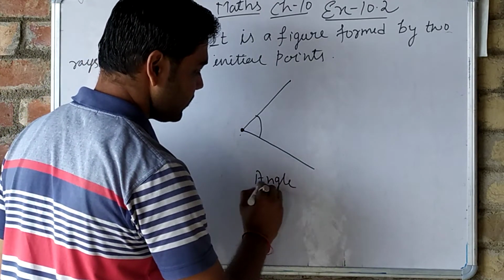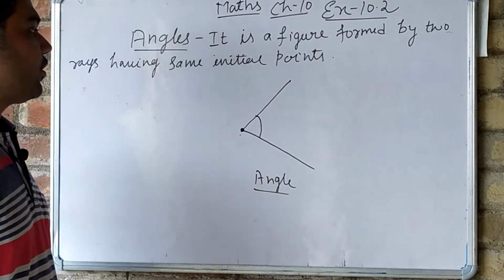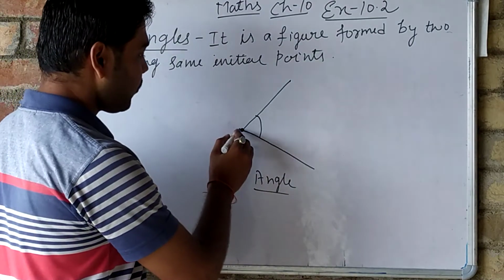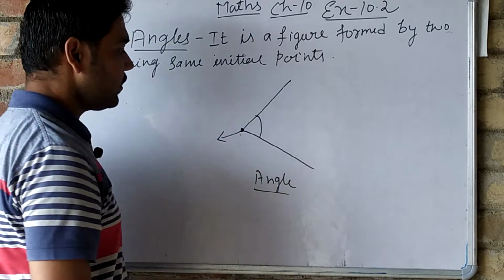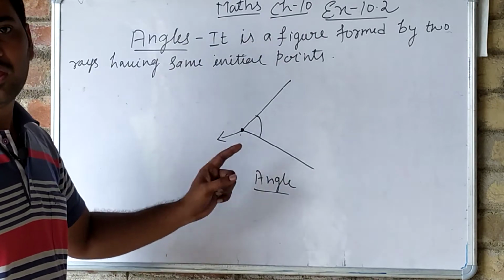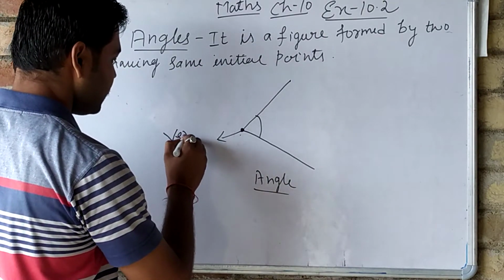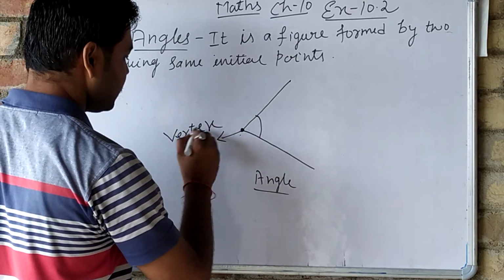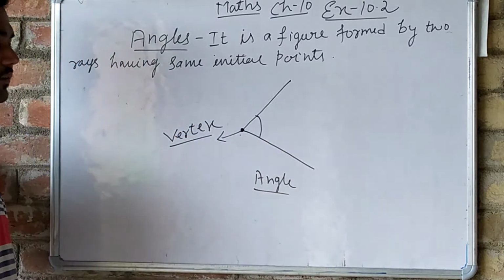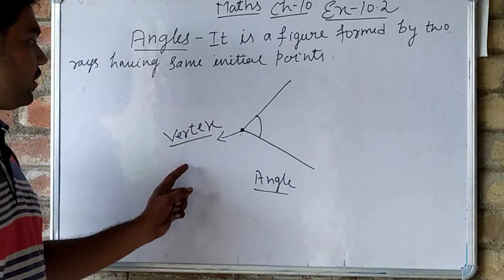Now see, this same initial point is known by the name vertex. Okay, it is called vertex.